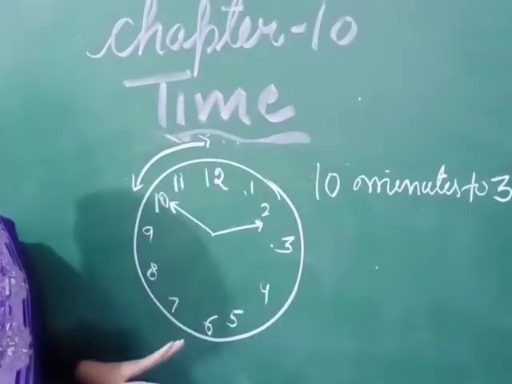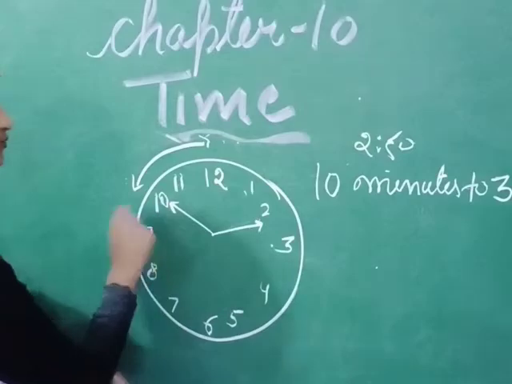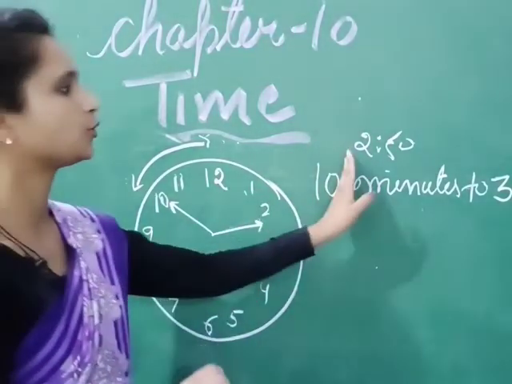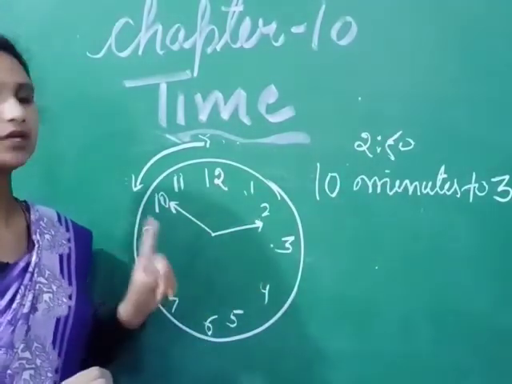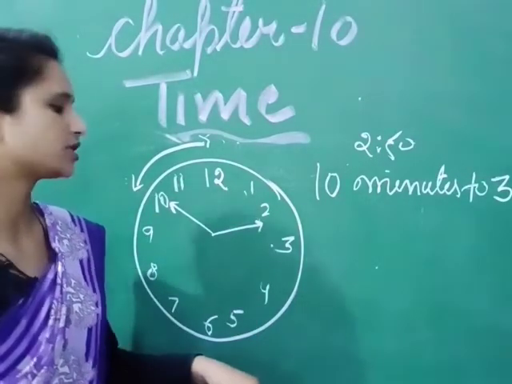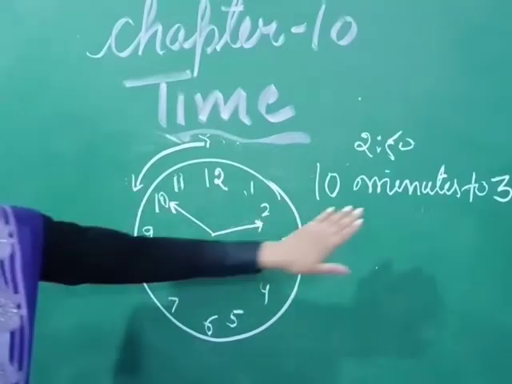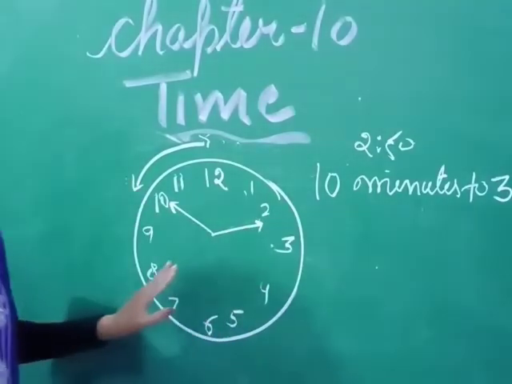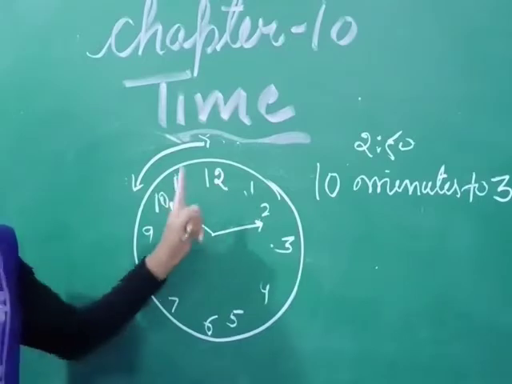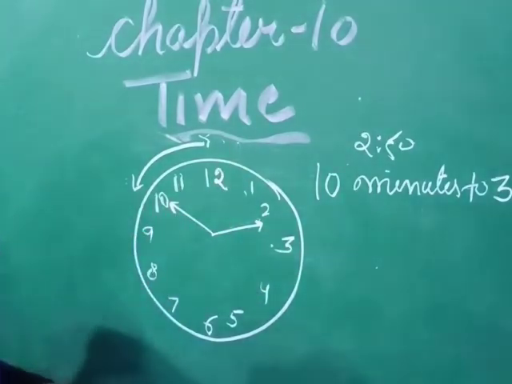Okay, if you are given 2:50, normally we write it 2:50. But if you are asked to write it according to the second point, if the minute hand will be after 6, you have to write it in minutes to. So what will you write? 10 minutes to 3. You can write it in this form also.